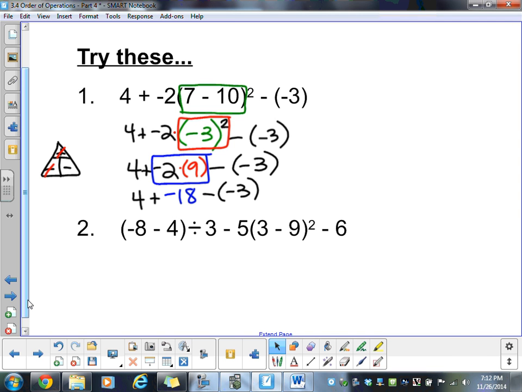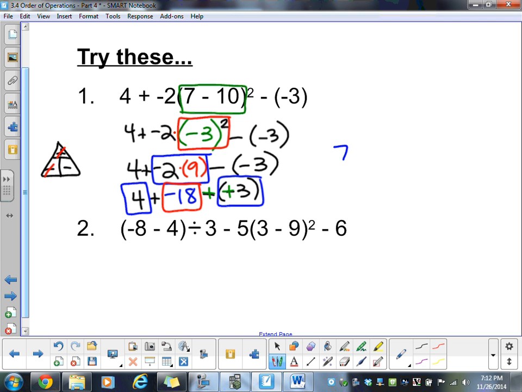So now we're at our very last step where we're adding and subtracting from left to right. I see I have a minus and a negative, so I'm going to change that to add the opposite, or plus a positive. And it looks like I have 4 positives, 18 negatives, and 3 positives. If I put my positives together, I have 4 good guys and 3 more good guys.